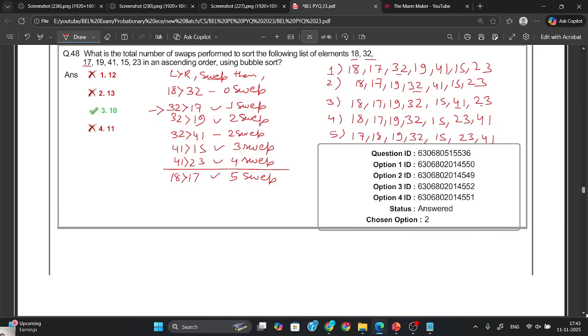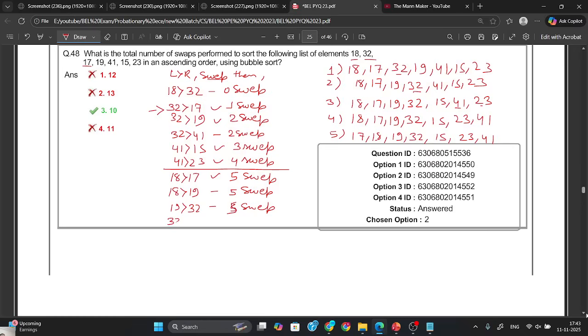Now we compare 18 and 19. This is not okay, so we stay at the fifth swap. Then 19 and 32: the condition is not satisfied, so we stay at the fifth swap.